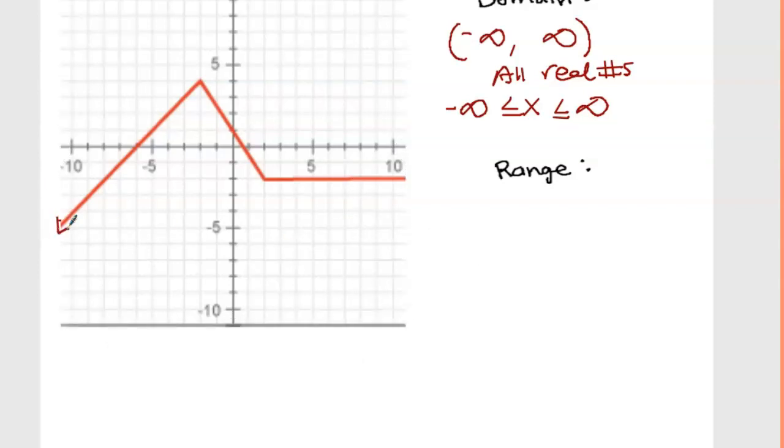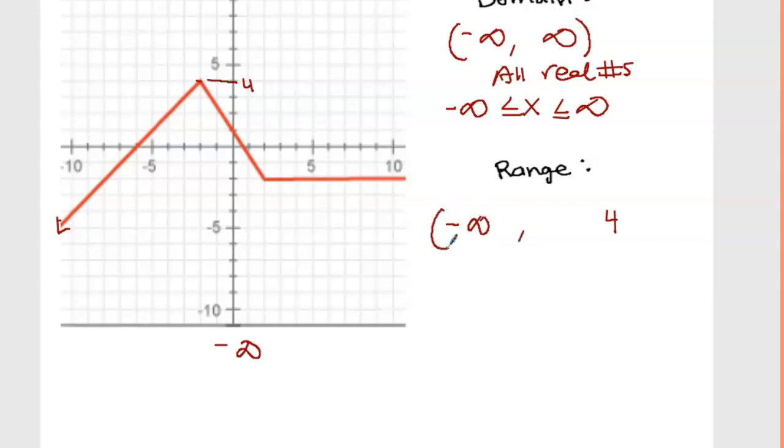Remember, since I said if we have a bigger graph, this one could have kept going and going. So if that is the case, then we will say that it touched from here, which is 4, and then this direction here is -infinity, so it's from 4 and then -infinity.